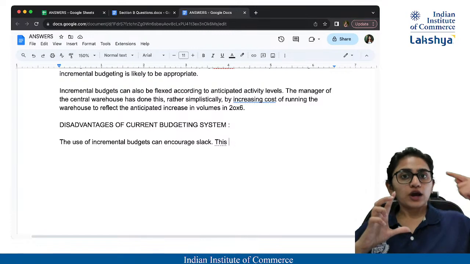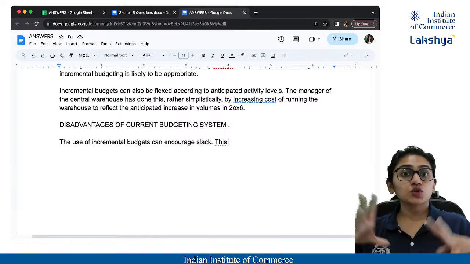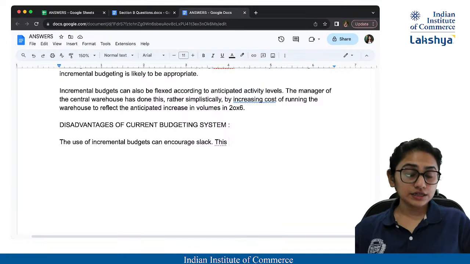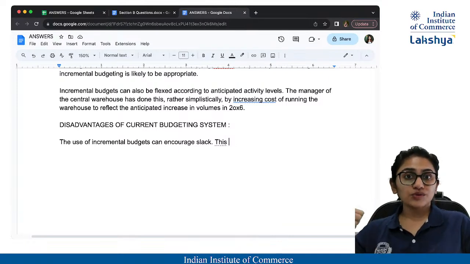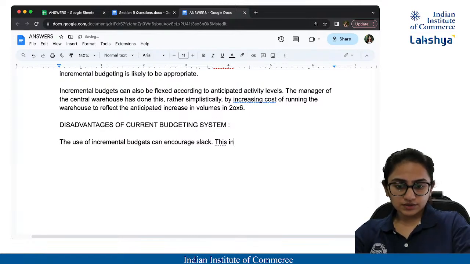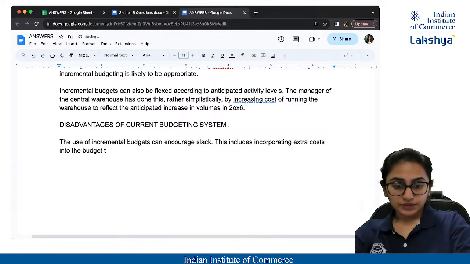So every time you're adding something, it becomes a lot of cost. In addition, if last year there was a one-off expense, it will have to be considered this year too, but this year that expense is not happening, so that is one more problem. So this includes incorporating extra cost into the budget, right?